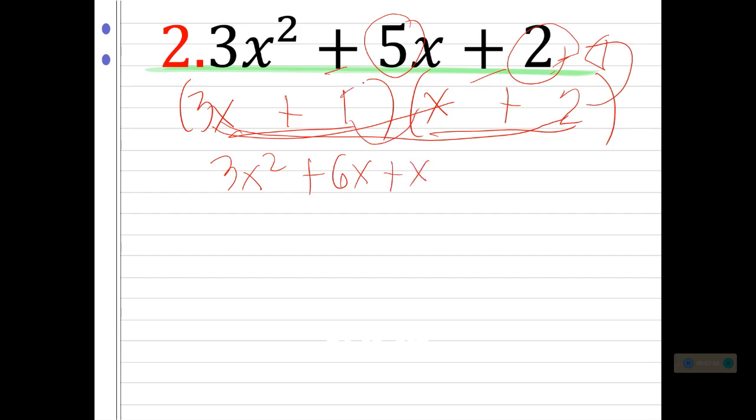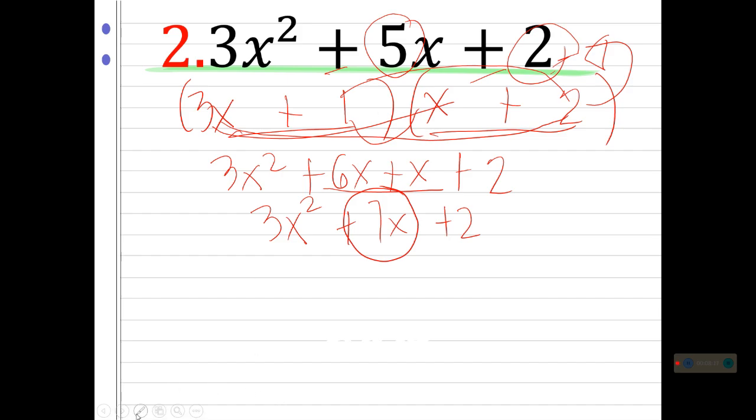And positive 1 times positive 2 is positive 2. If you combine this, you will have here 3x squared plus 7x plus 2. Oh, it seems that our middle term is not correct. It is not equal to 5x.